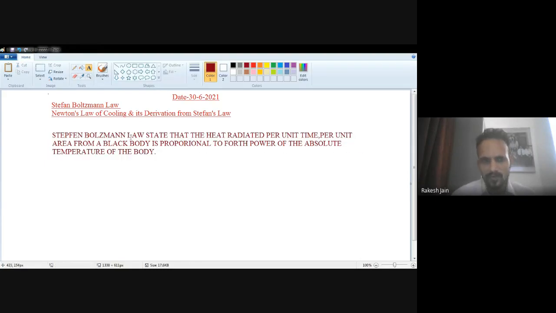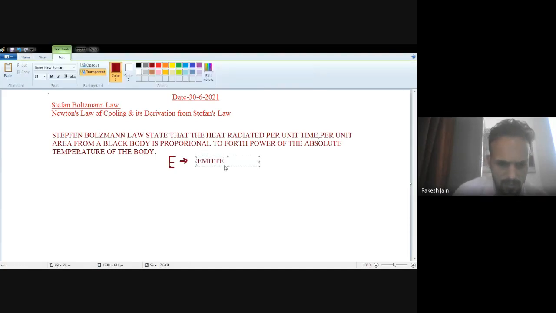So what is the meaning of this? Let's suppose we have a black body whose emitted radiation, the heat radiated per unit time per unit area from a black body, is indicated by E. So E is the emitted radiation, or the heat radiated per unit time per unit area from a black body.